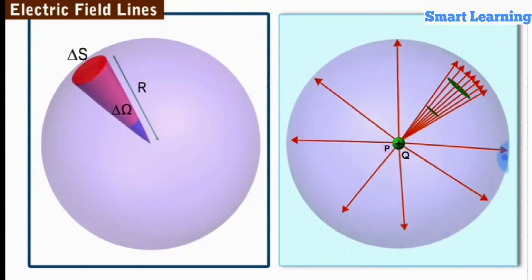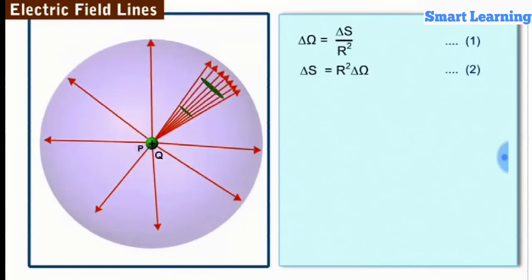Let us label it as equation 2. For a given solid angle, delta s, the number of radial lines is the same. At two different points, say A and B in the electric field, which are at distances r1 and r2 from the charge, we had seen that the area of the elements subtending the same solid angle, delta omega, will be delta S1 is equal to r1 square delta omega at A and delta S2 is equal to r2 square delta omega at B, respectively.